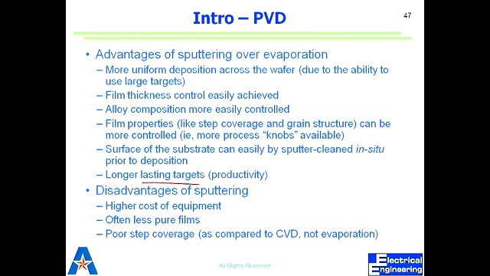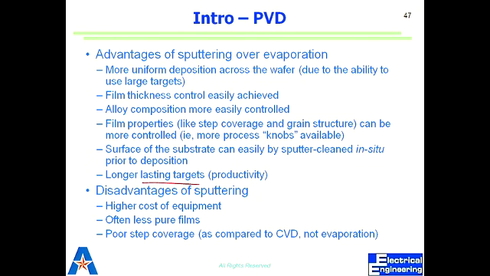The whole process is more involved. Evaporation is straightforward. Just stick in your wafer. We can control the film thickness much more in sputtering. We can deposit composite materials. We can deposit alloys, which we cannot do with evaporation. So we can have two targets and bombard both of them.